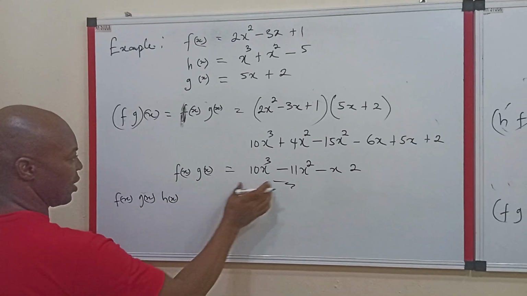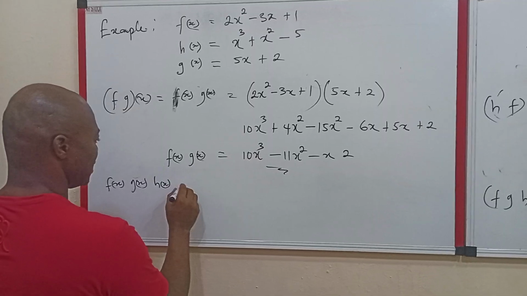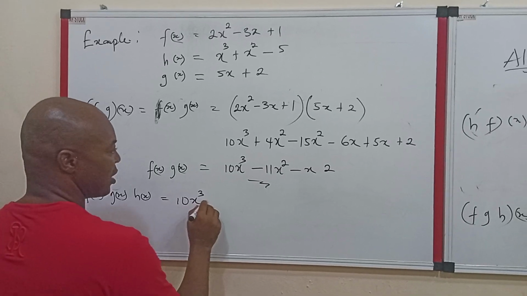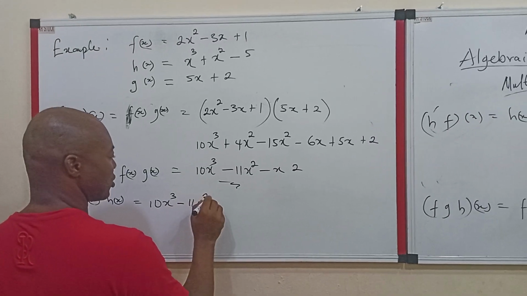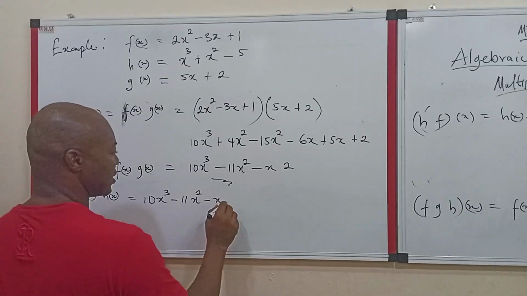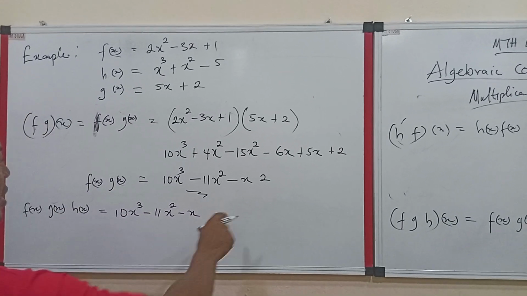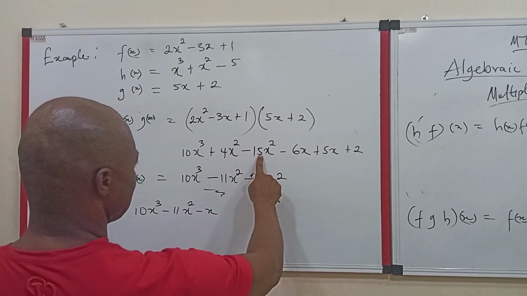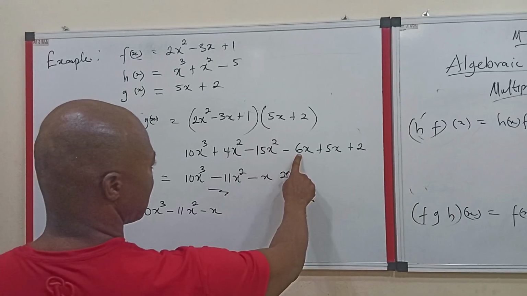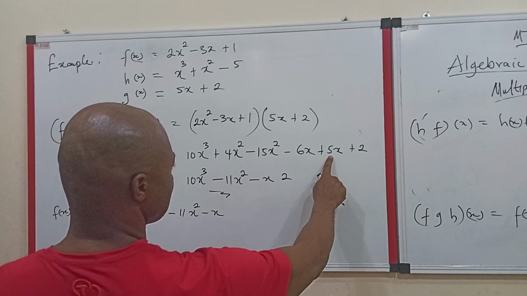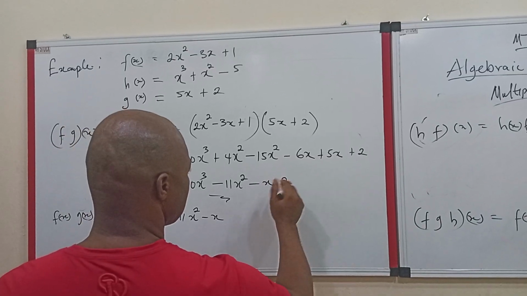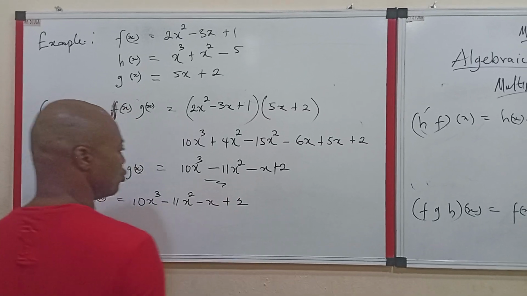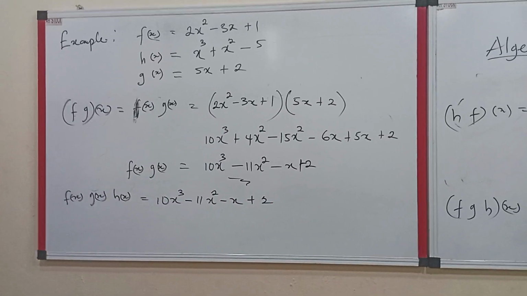Now, we have done this and we have this, meaning that this is equal to 10x raised to the power 3 minus 11x squared minus x. This one is this one, and this one gives you this, and this gives you this, then this one is plus 2. So we have plus 2.